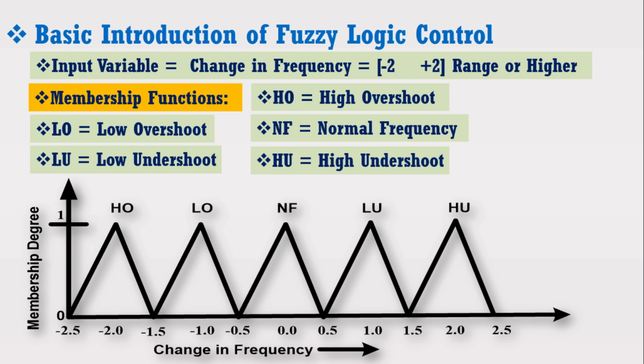You may increase or decrease the number of membership functions depending upon the situation. A higher number of membership functions will increase the accuracy, whereas it will also increase the complexity of the system. Furthermore, the names of these membership functions are also assigned arbitrarily for easy understanding. You may assign any name for your convenience. Moreover, it may be noted that we have taken triangular membership functions here.